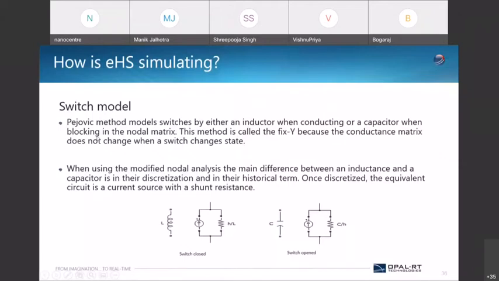This is the major concept behind the Pejovic method, because whenever we deal with semiconductor switches, we need to consider their non-linearities. So the Pejovic method removes the non-linearities in the way that when the switch is conducting, it is replaced by an inductor, and when the switch is off, it behaves as a capacitor. This is one way of removing the non-linearities of semiconductor switches.